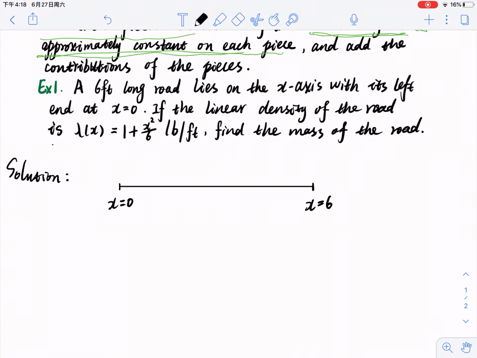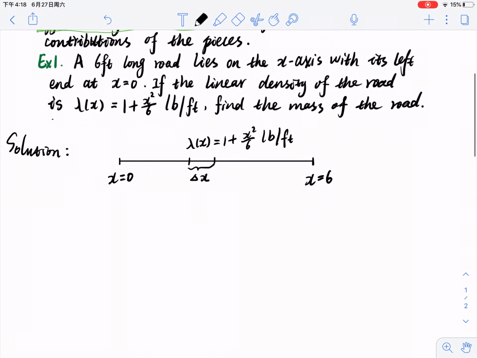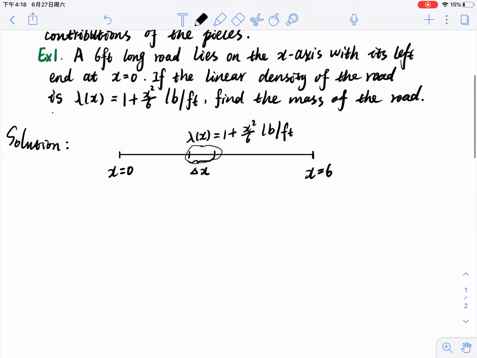Now we pick small pieces along this rod. This is delta x. We know the linear density of the rod is given by lambda(x), 1 + x squared over 6 lb per foot. So now we can calculate the mass of this small piece.